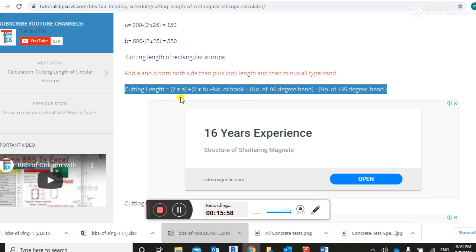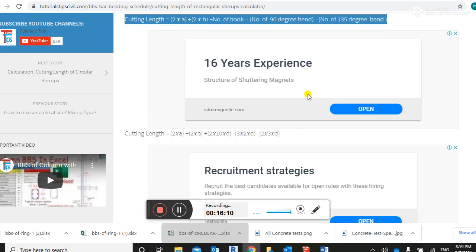Cutting length is equal to 2 into A plus 2 into B plus number of hooks minus number of 90-degree bends minus number of 135-degree bends. This is the main formula: cutting length equals 2A plus 2B plus 2 into 10D minus 3 into 2D minus 2 into 3D.